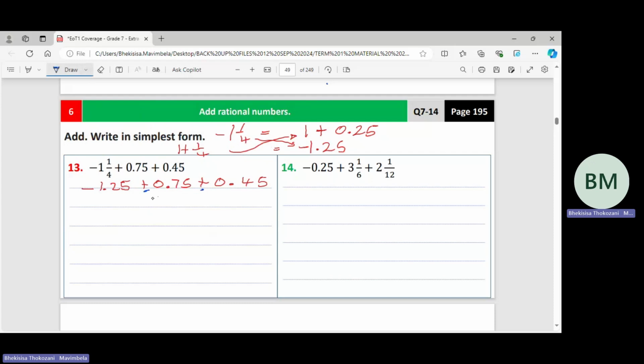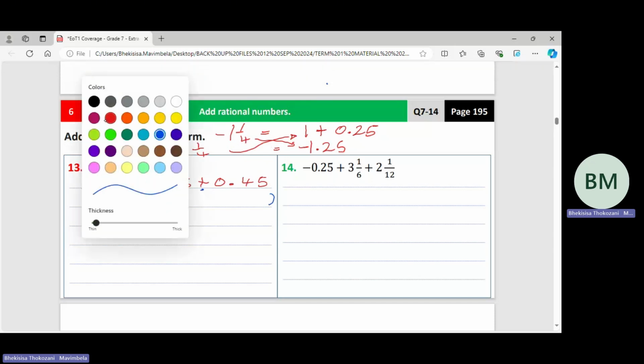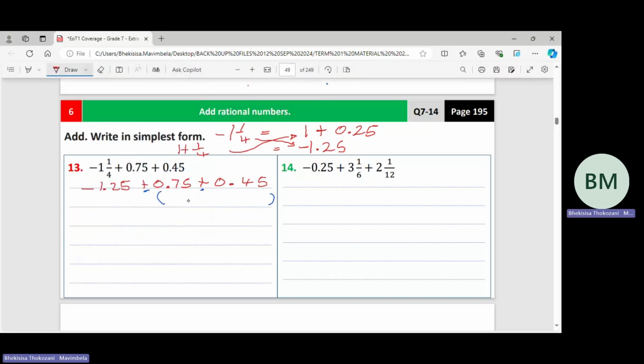You can put cos if you want to. It doesn't make any difference in your answer, by the way. So I'm just going to put cos. This is called commutative property. So where you just check the same things. So we have 0.75 plus 0.45.